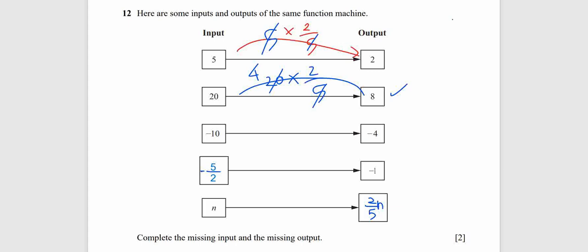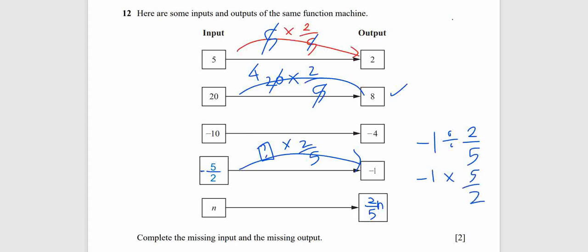It means for this one, a number times by 2 over 5 will get negative 1. So how do we get this number? We have to do negative 1 divided by 2 over 5, which is negative 1 times 5 over 2.